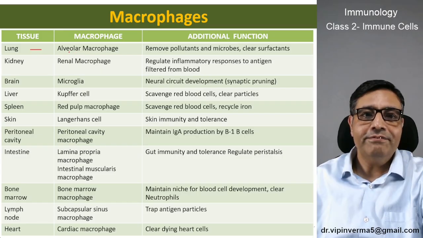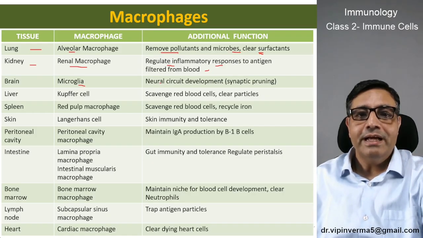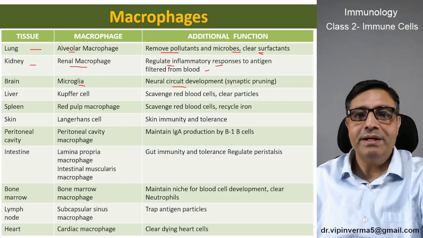In lungs, we have the alveolar macrophages, and they remove the pollutants and microbes and clear surfactants. That's a function it does. Then in kidney, we have the renal macrophages. They regulate inflammatory response to antigen filtered from blood. In brain, we have the microglia, and they basically help in neural circuit development through synaptic pruning.